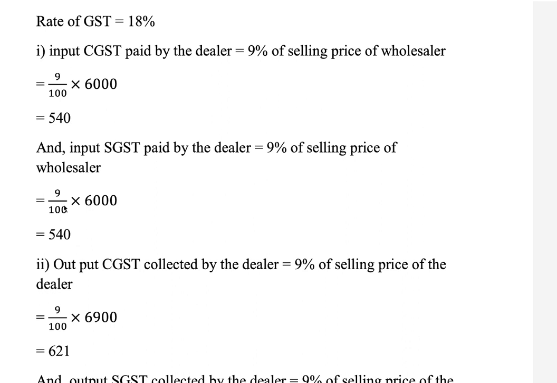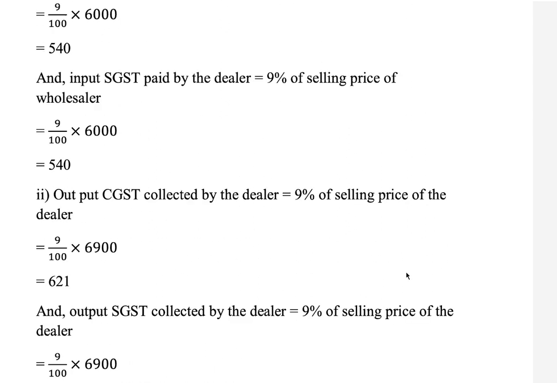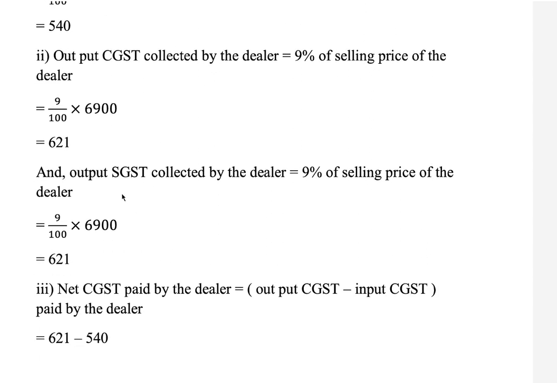And output CGST collected by the dealer, 9% of the selling price of the dealer. Okay, that is 6,900 into 9%, and the output SGST 9% of the selling price, that is 6,900 into 9%, that is 621.